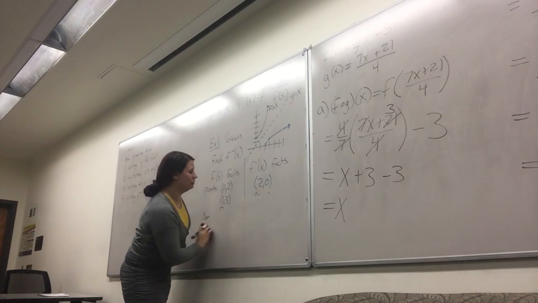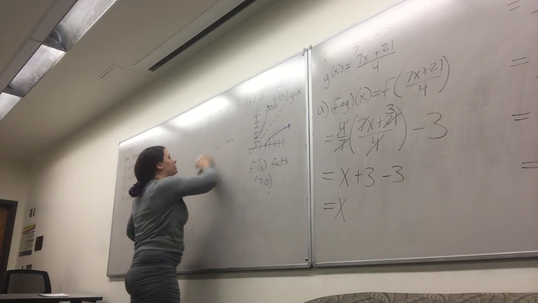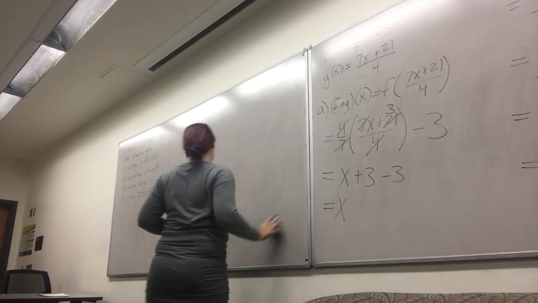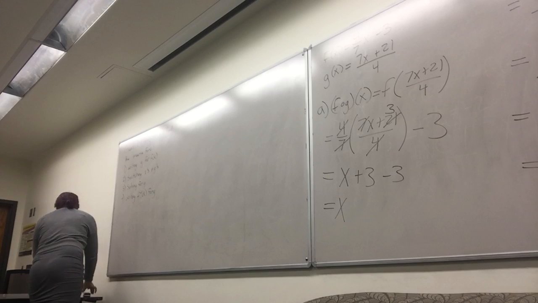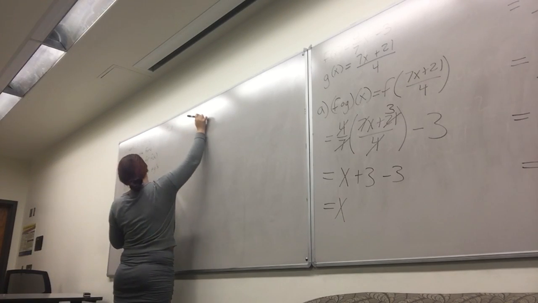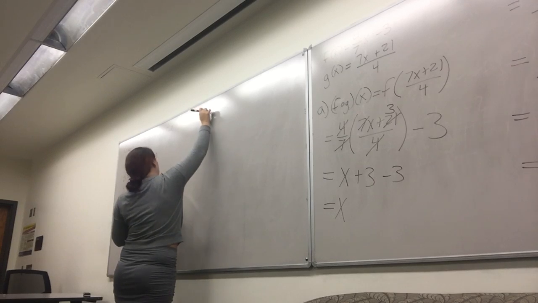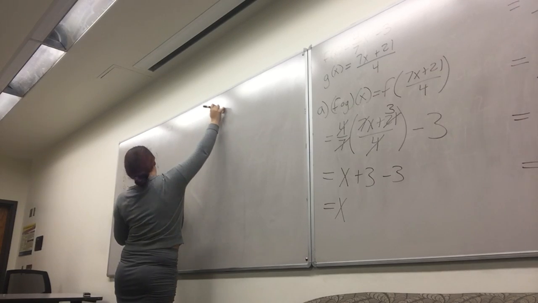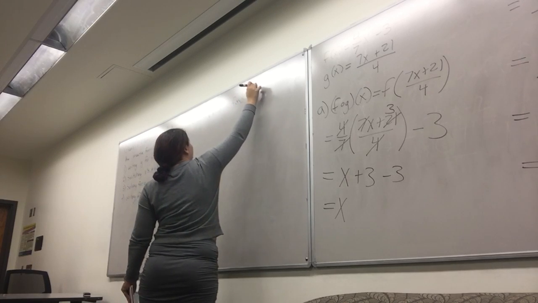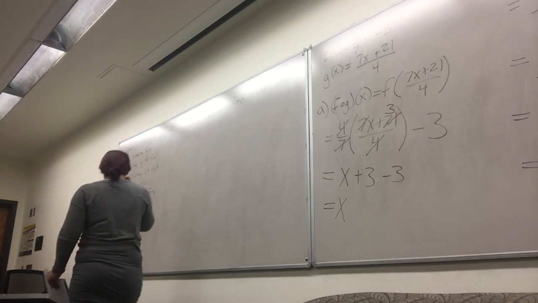So now let's do an example. If we're given f of x is equal to the cube root of x minus 5, and we want to find f inverse of x.